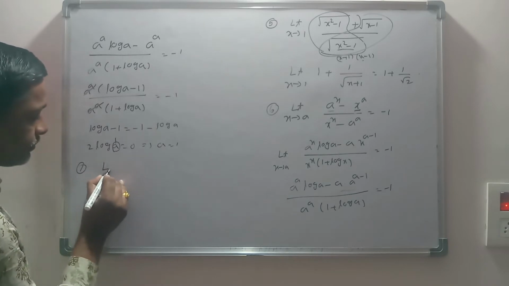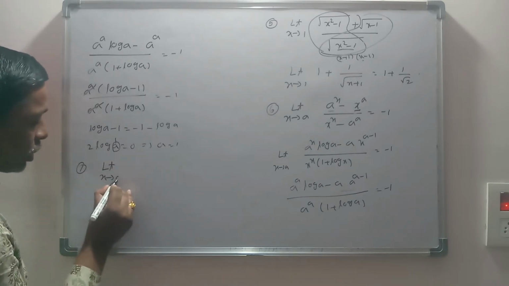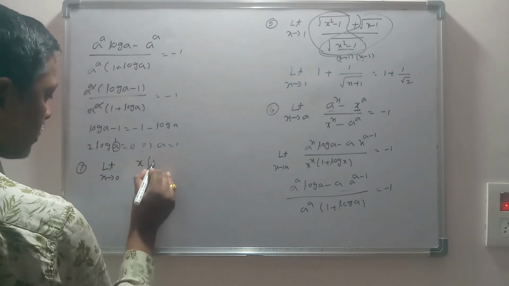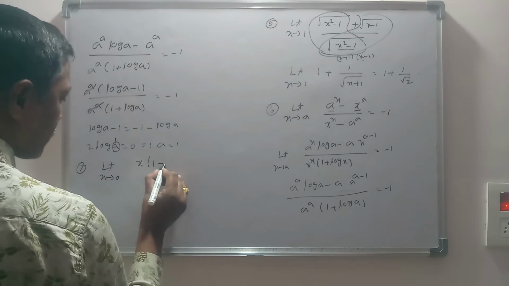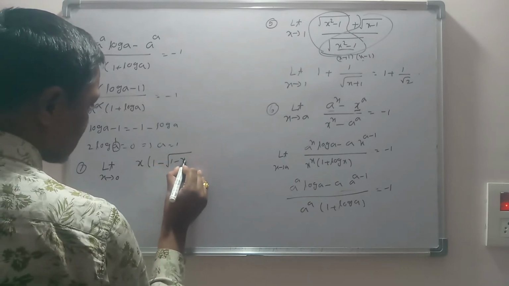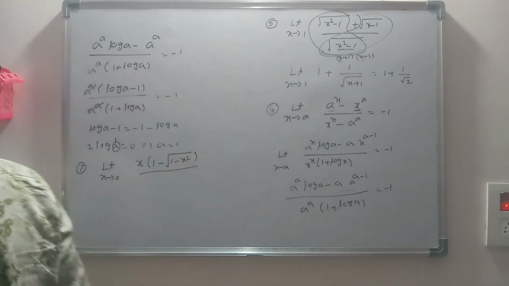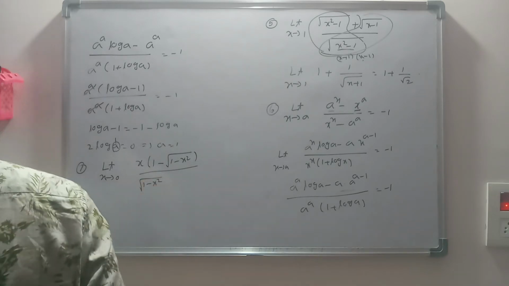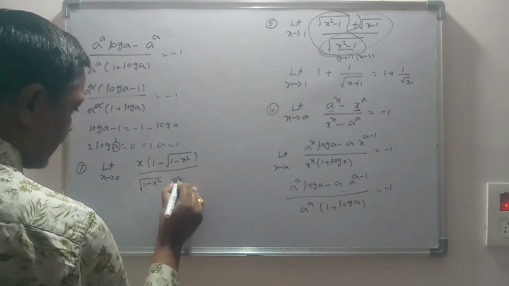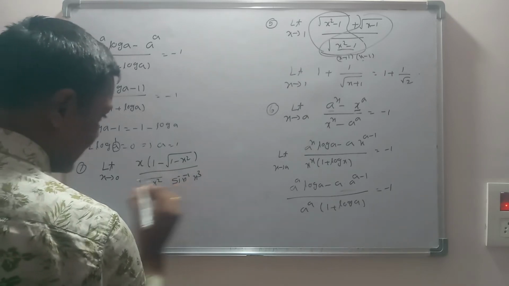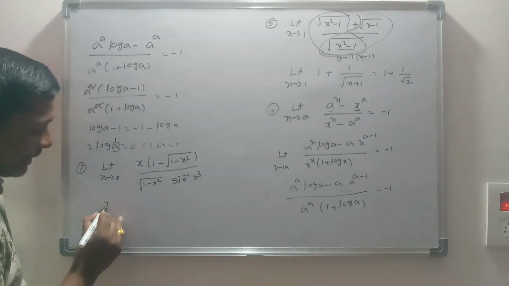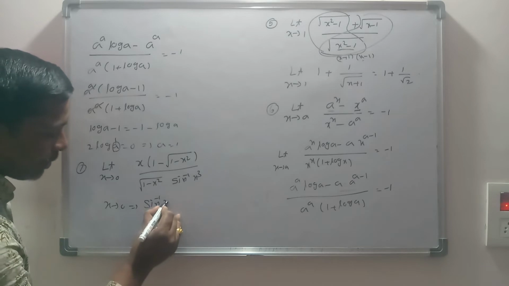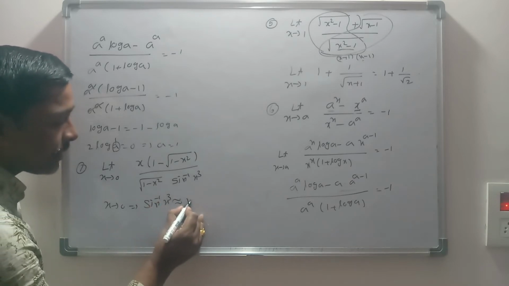Limit x tends to 0, x into 1 minus root of 1 minus x square by root of 1 minus x square into sin inverse x cube. As x tends to 0, sin inverse x cube is approximately x cube.